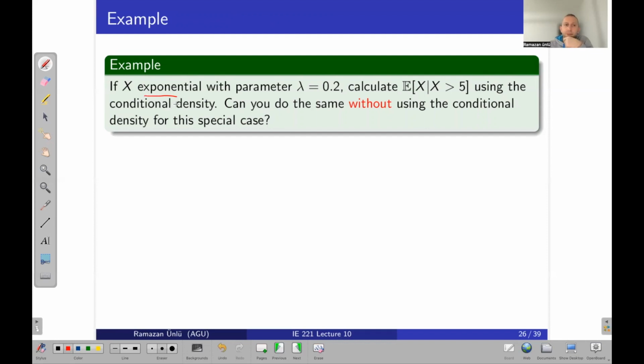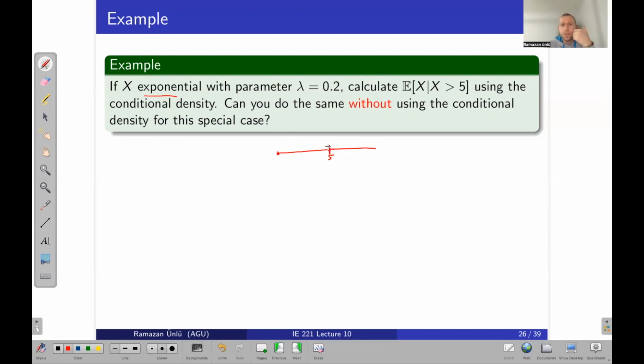Remember that the exponential distribution has the memoryless property. You can think of x as the lifetime of a machine. The machine starts from here and comes to some point, let's say 5, and it still continues. That means that until that point, the machine works properly.